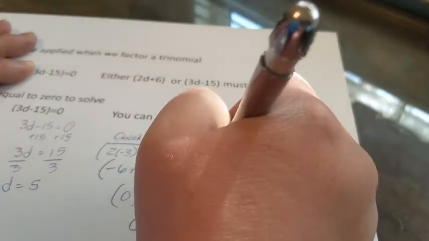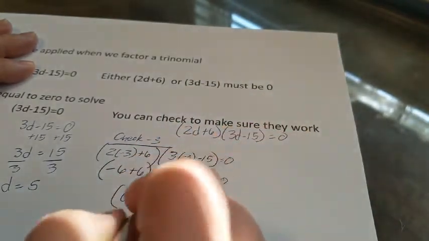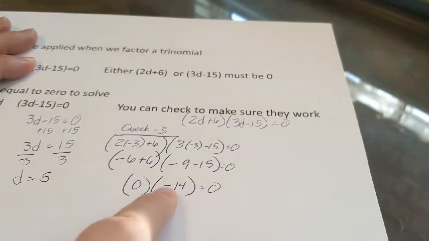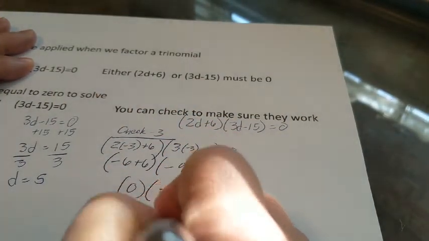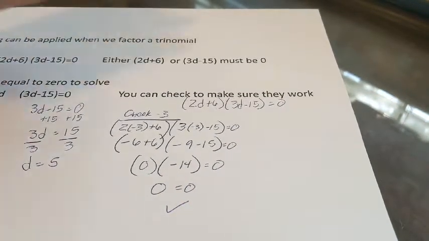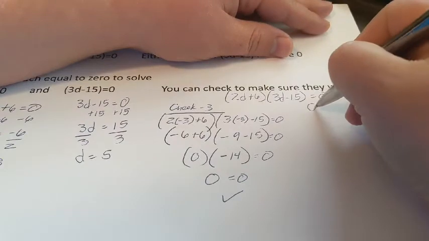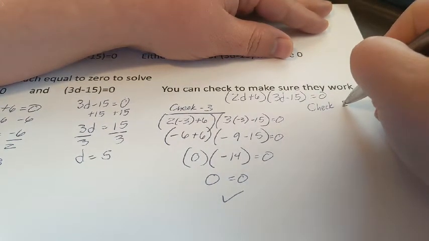Oh, and we need to set this equal to 0 all the way down. So 0 times that is 0, so 0 equals 0. That checks out. I'm just showing you that it does this; you don't have to. Then we're going to check 5.